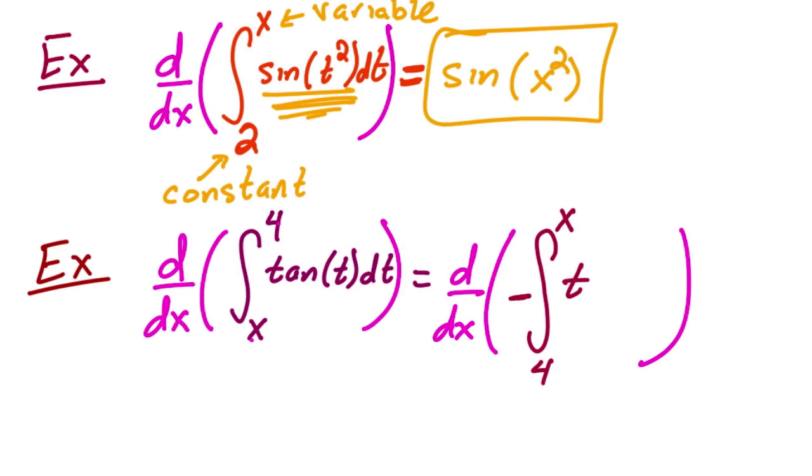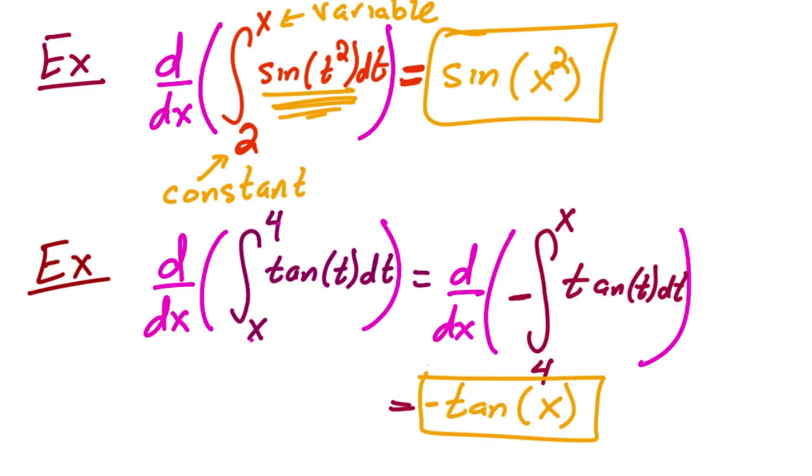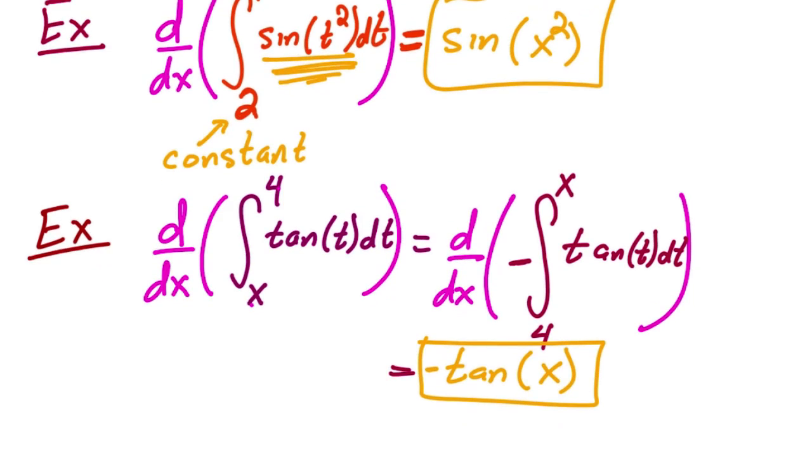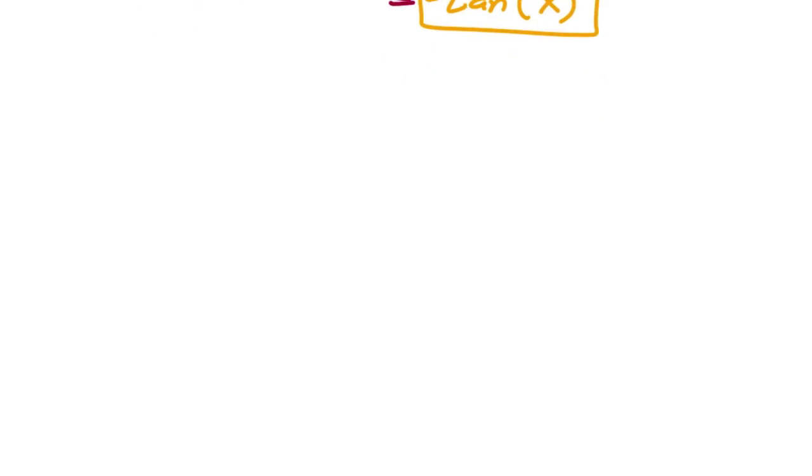So this is equal to negative the integral from 4 to x of tangent of t dt. And now that you're going from a constant to a variable, x, this is simply equal to negative tangent of x. And that is it. Okay. Now you're thinking, well, no, it can't be that easy. Well, you're kind of right.